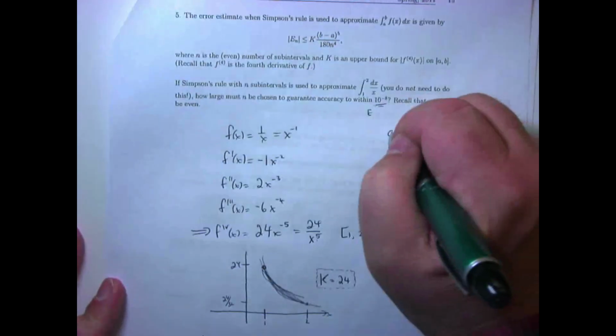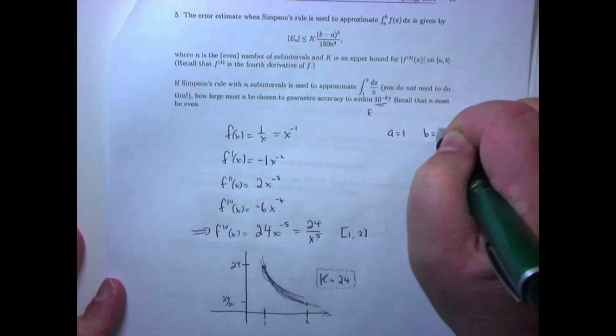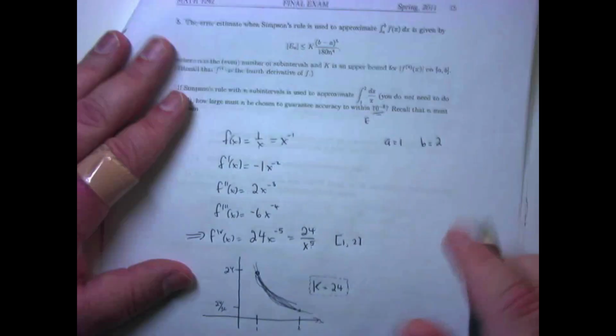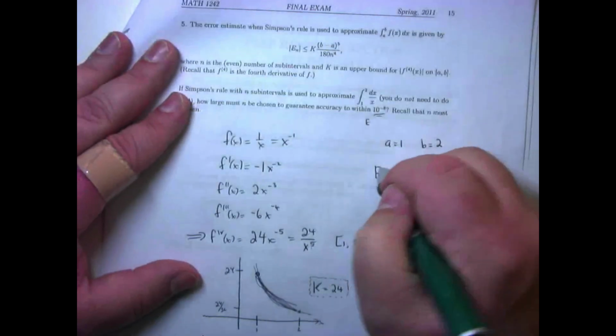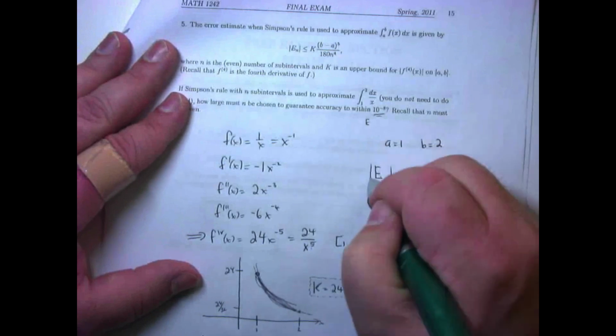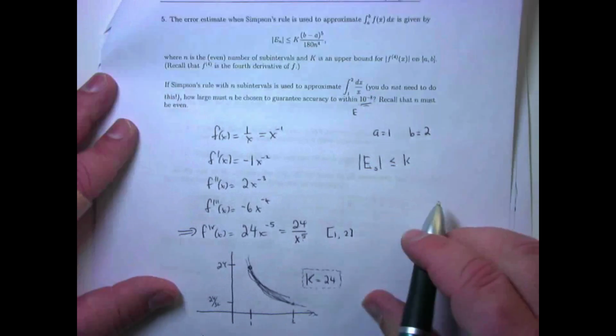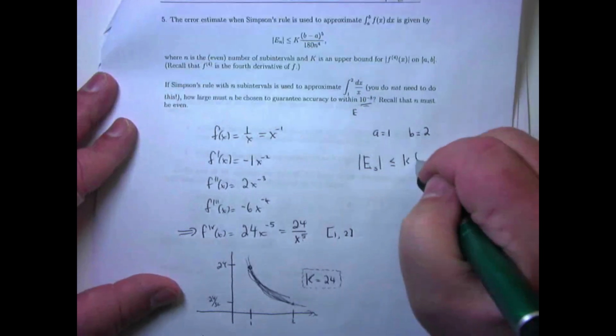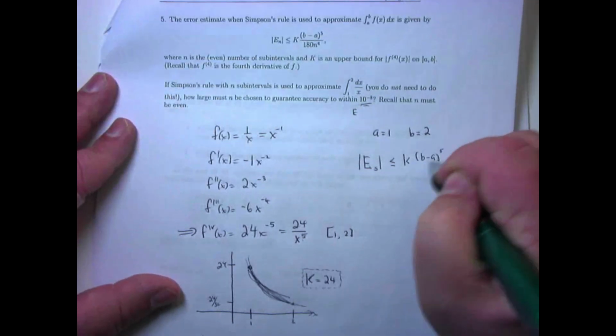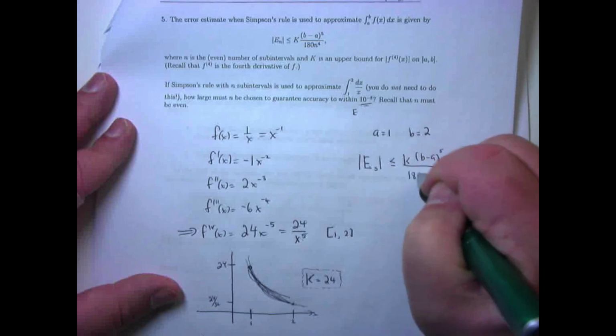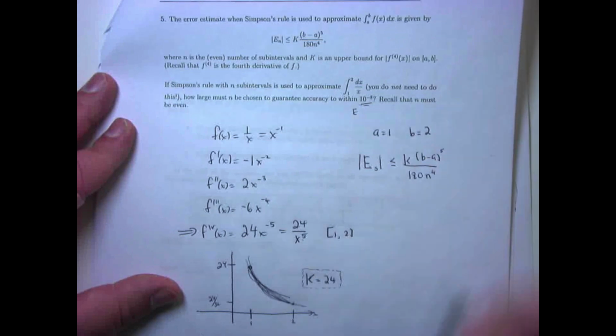In this problem, a is equal to 1, b is equal to 2. The error formula for Simpson's rule is less than or equal to k times b minus a to the 5th over 180 n to the 4th.